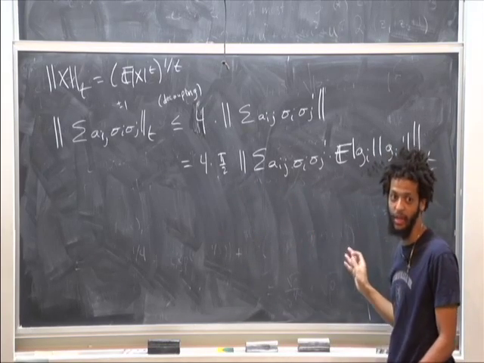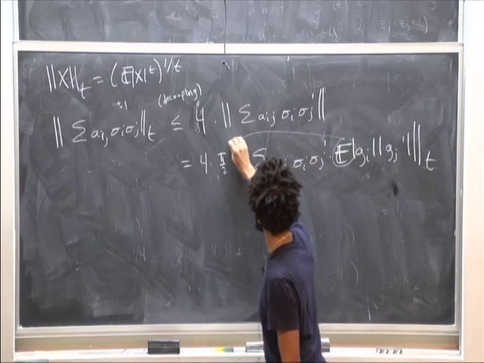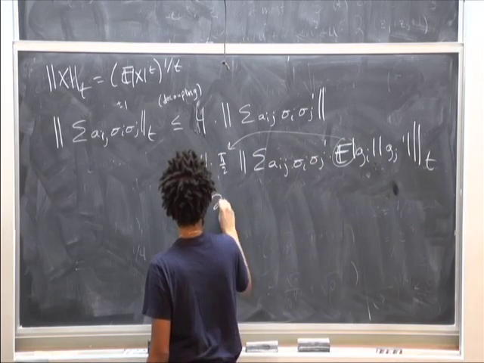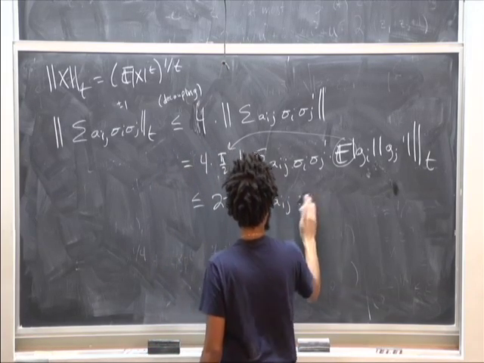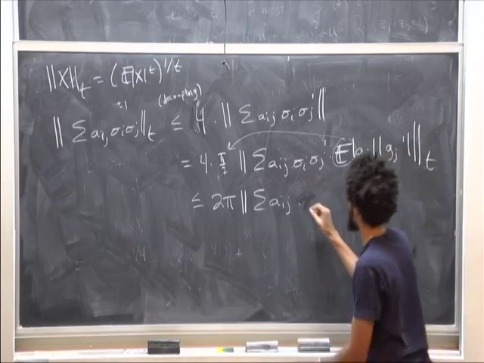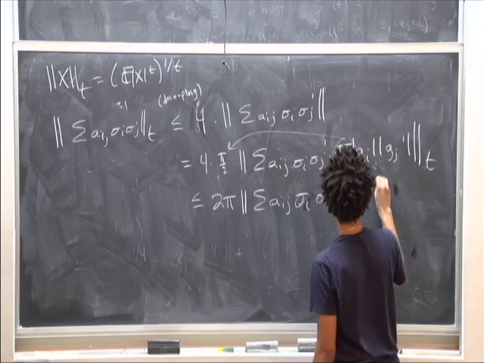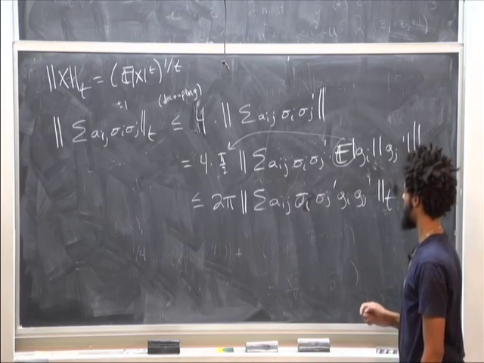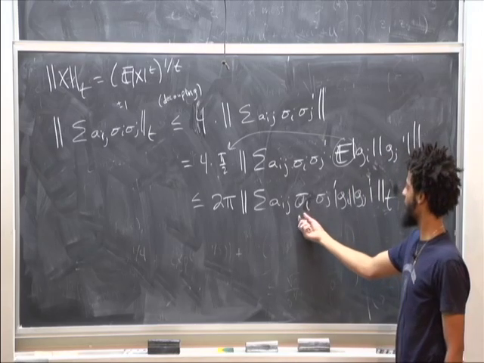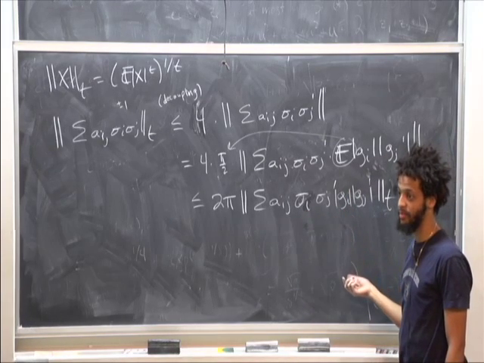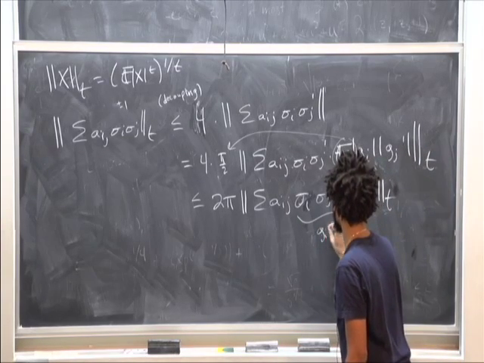I just multiplied by 1. I didn't do anything. And then I can pull this out, and that's an upper bound, 2 pi sum of aij. So I have a random sign, sigma I, sigma j prime, gi, gj prime. But there's an absolute value here. A random sign times the magnitude of a Gaussian is a Gaussian, right? So this here is just gi, gj prime.